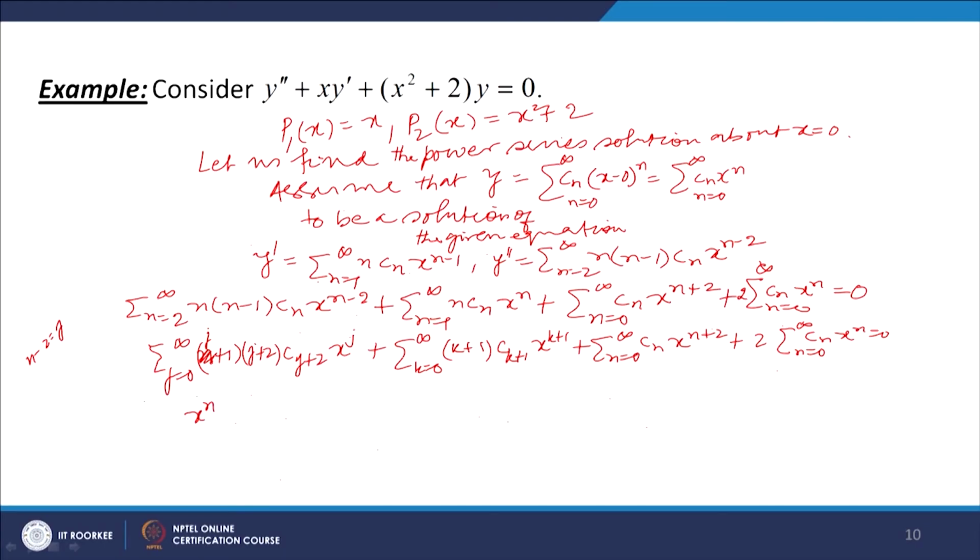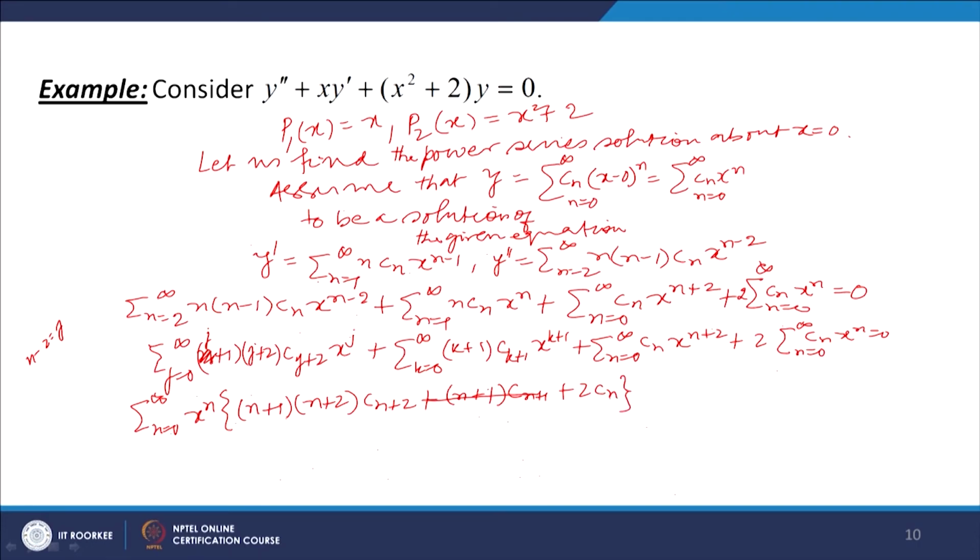So, summation n is equal to 0 to infinity, x to the power n is multiplied by n plus 1 into n plus 2 into C n plus 2. Then from here, n plus 1 C n plus 1. Oh wait, we are writing the coefficient of x to the power n, so not this. This will be plus 2 times C n.